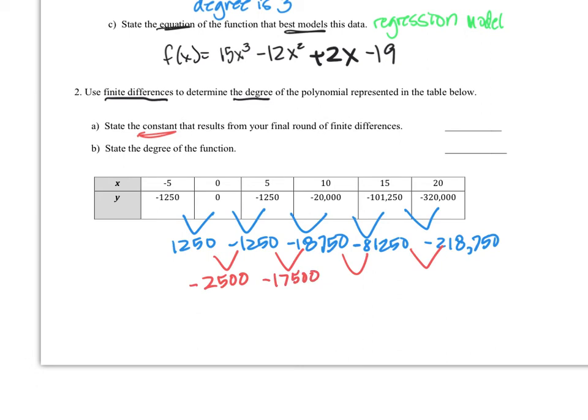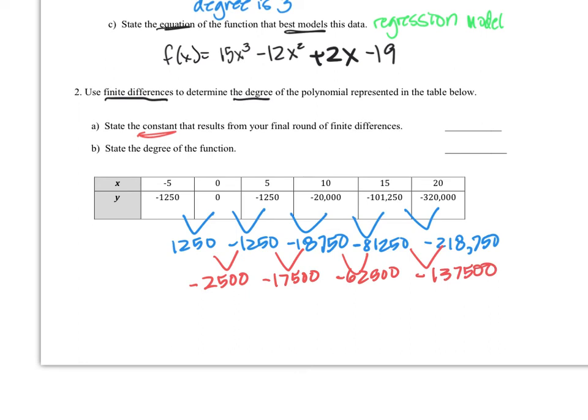Between negative 18,750 and negative 81,250, we have a negative 62,500. Between negative 81,250 and negative 208,750 is a total of going down. Again, remember those negative numbers, we are heading down.